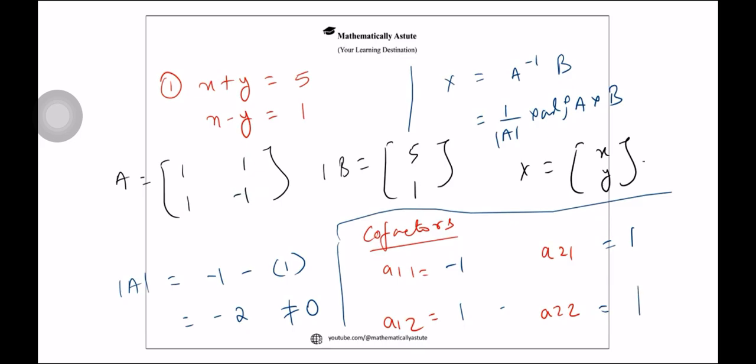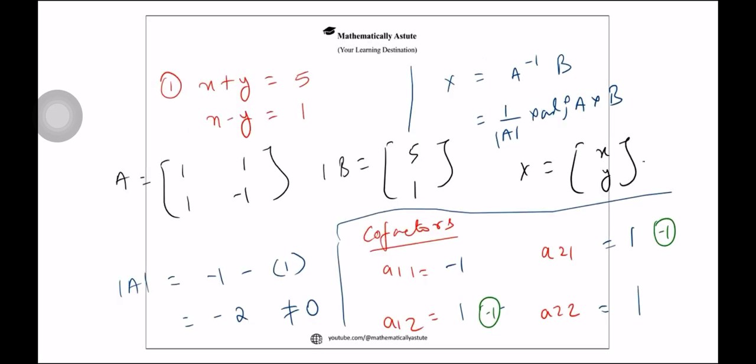To find the cofactors, simply we will check the addition of the row and column numbers. If the addition is even, then no need to change anything, but in the case of odd, we will interchange the sign. So this one would be minus 1 and this one would be minus 1. Now what is the adjoint?